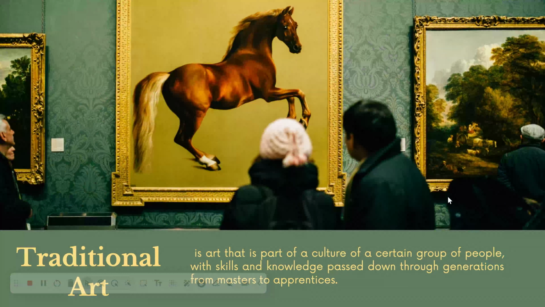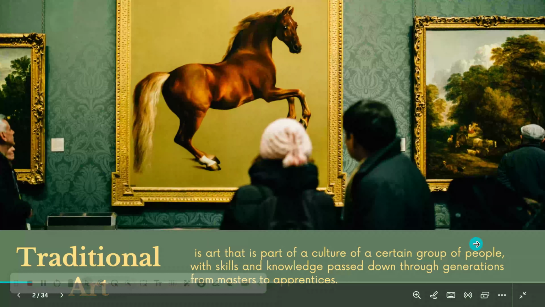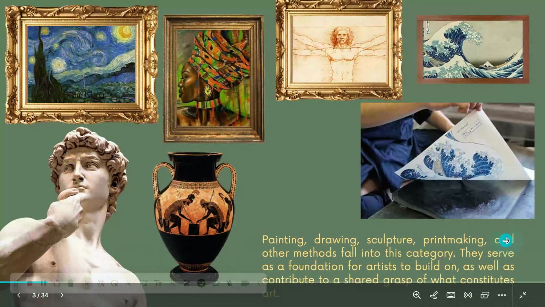So in Art 1, everything that we talked about was pretty much traditional, especially when you learned to shade the sphere, you learned pretty much all of the traditional practices in order to shade. So just know there's traditional mediums, and then there's also traditional methods as well.